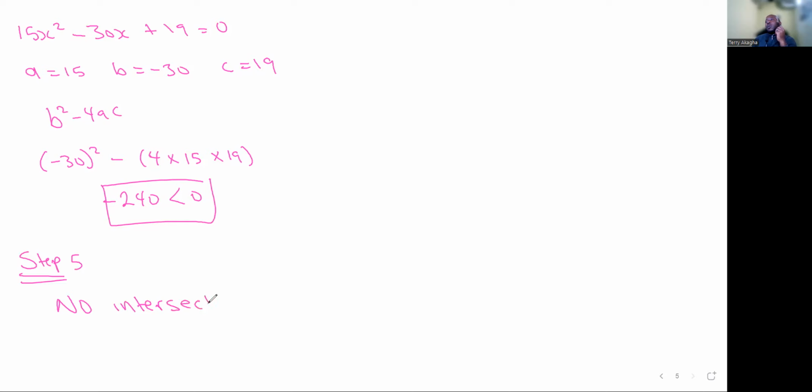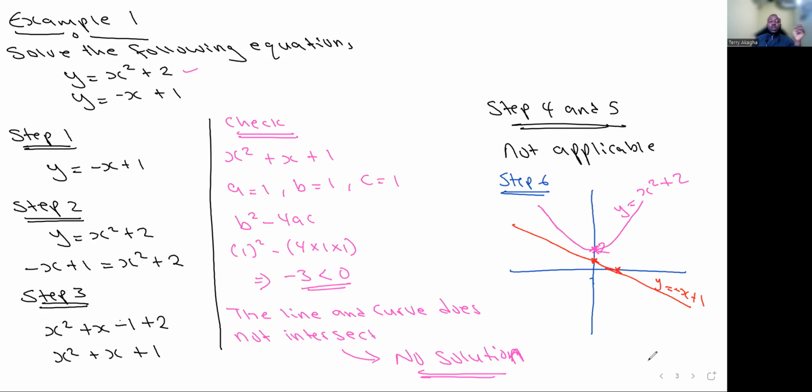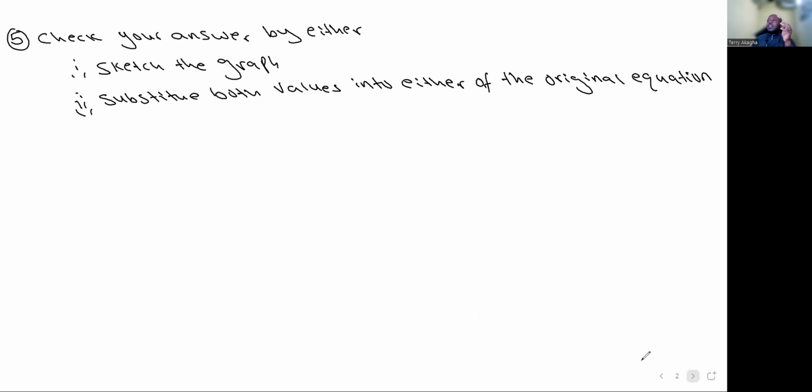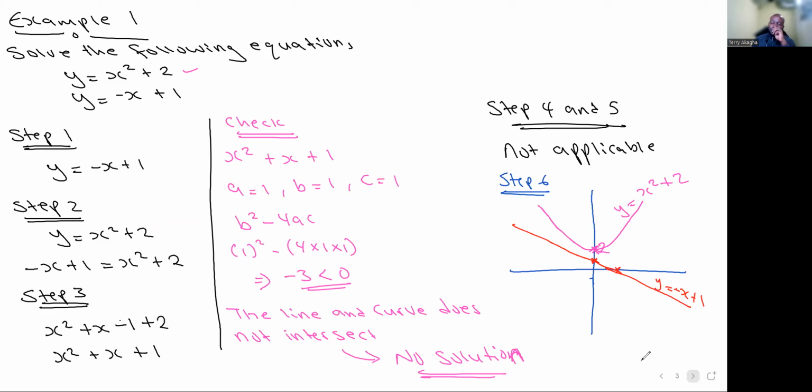Okay? So there will be no intersection as well. So that means this simultaneous equation has no solution. Is that right? So just follow the rules for sketching and you will see the different answer you will get. All right, so that is that for no solution. So you can see this simultaneous equation, there are no solutions for that.